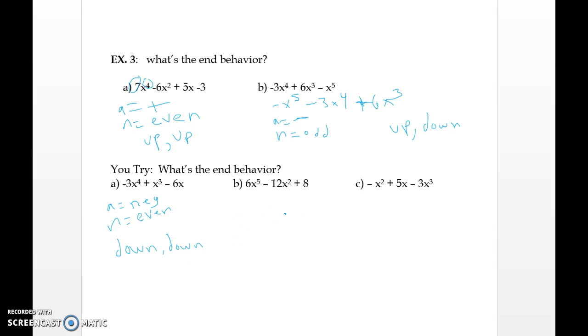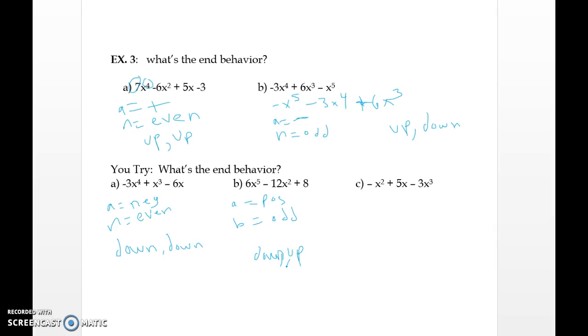Here for B, this is in standard form. Your a is positive, and n is odd, so we're going to end opposite. But I know my right-hand side has to go up because a is positive, so that means it's going to be down, up.